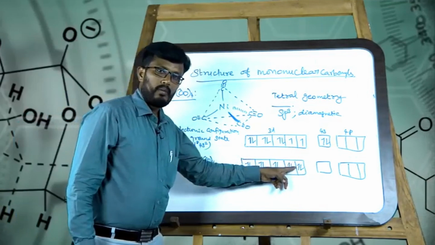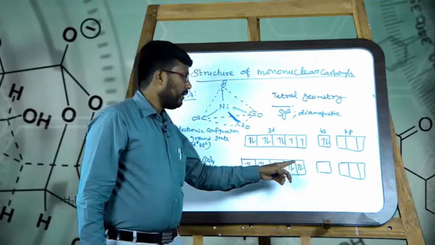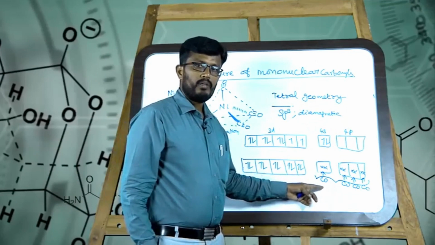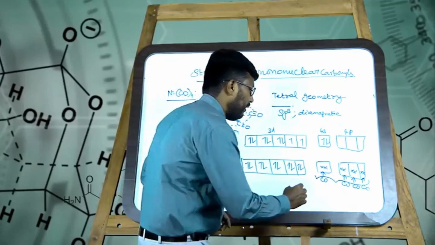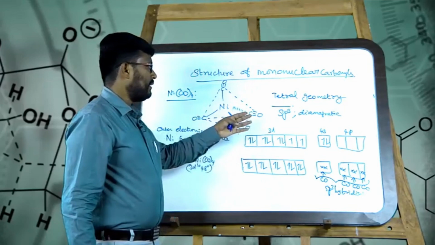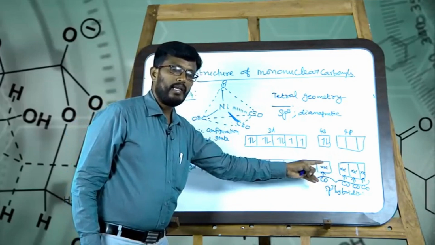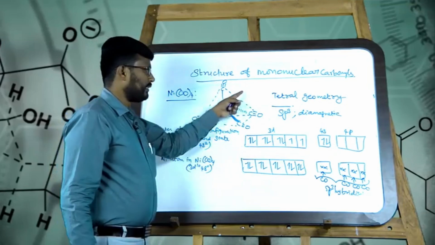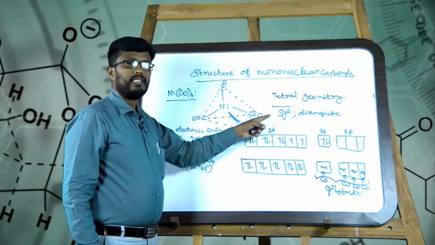All the 3d orbitals are filled up with 3d10. For the remaining 4 orbitals, the 4 carbonyls donate electrons to the s orbital and p orbitals, and that is sp3 hybridization. Due to the absence of unpaired electrons, nickel tetracarbonyl shows diamagnetic character. So nickel tetracarbonyl has tetrahedral geometry, diamagnetic character and sp3 hybridization.